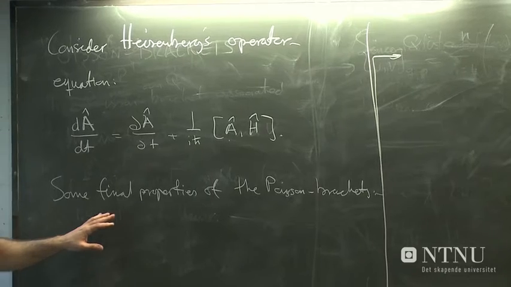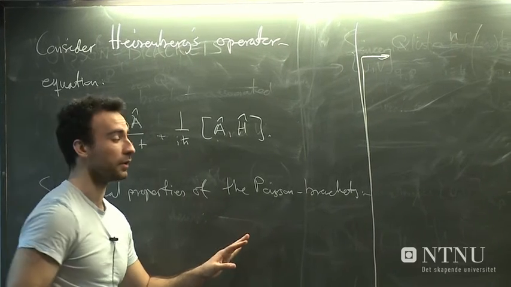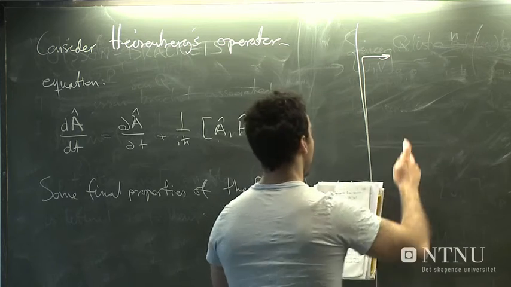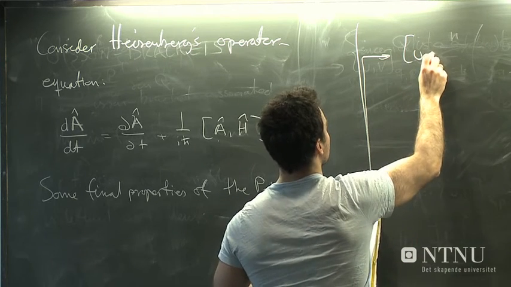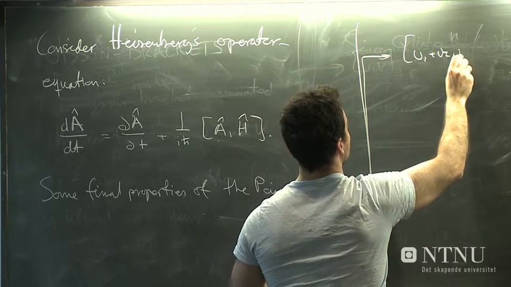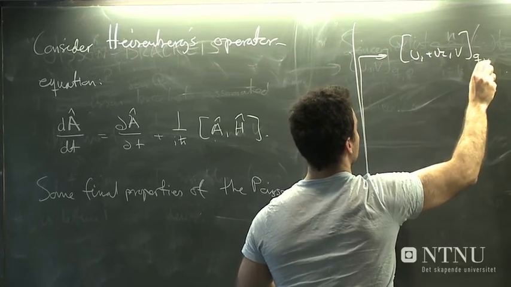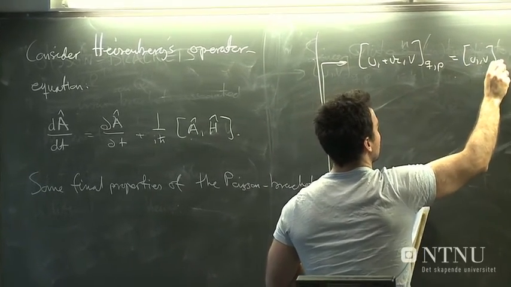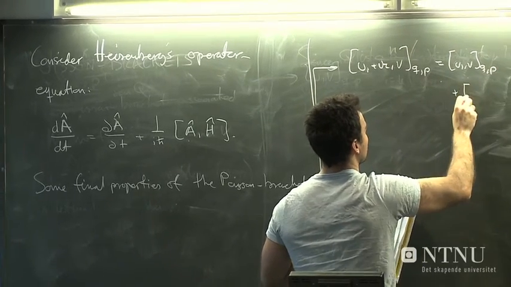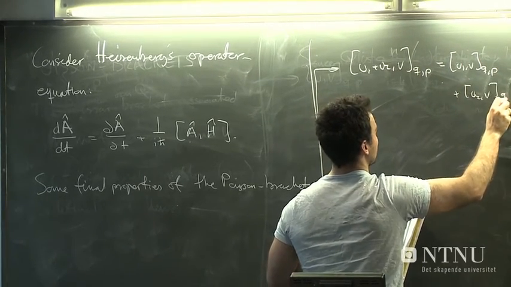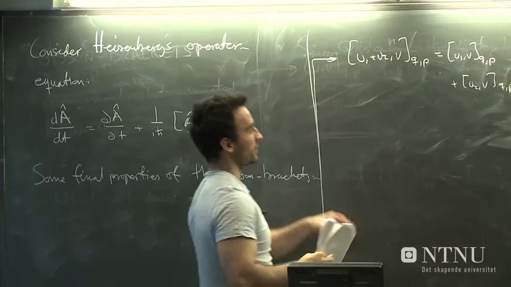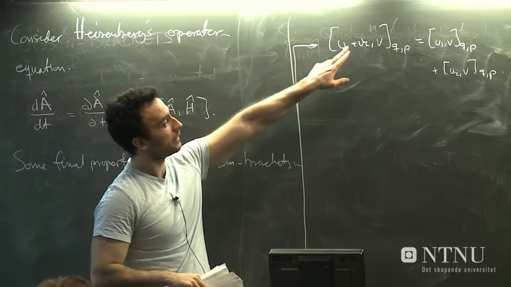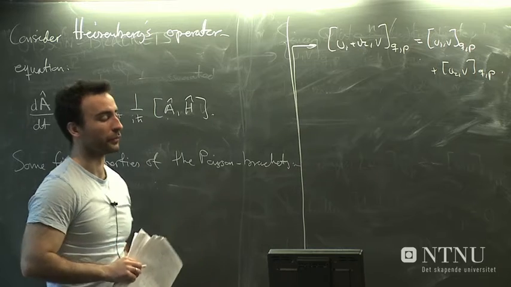And let me just list a couple of more formal properties of these Poisson brackets which are useful to have. Well, you have this associative property here, that you can just split it up into two separate Poisson brackets.